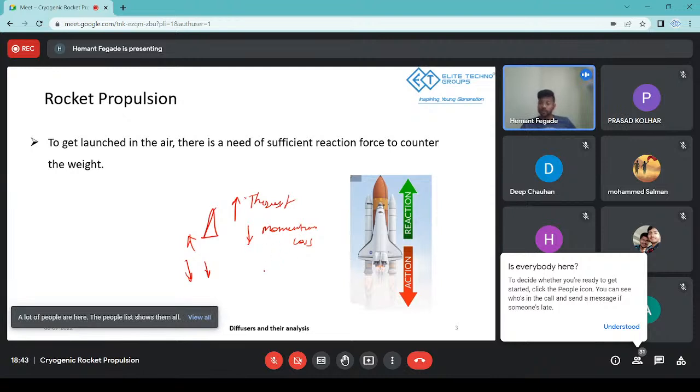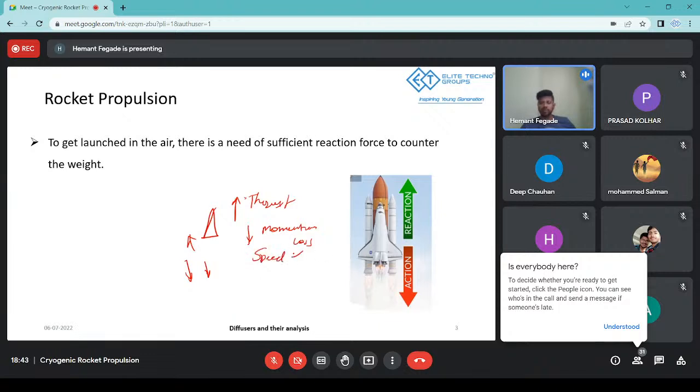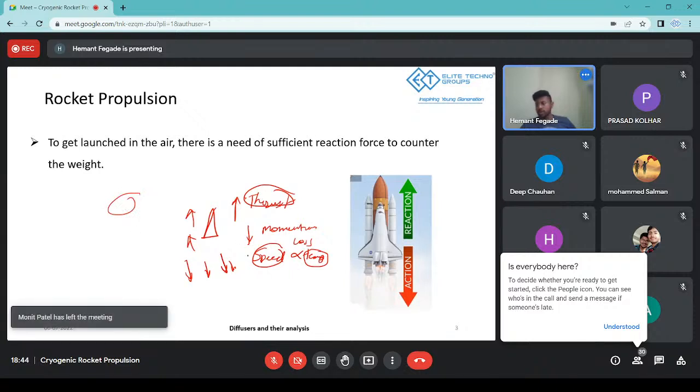And the third thing that you need to take care of is that speed is directly proportional to the temperature of your exhaust gas. The higher the temperature of your exhaust gas, the higher the speed at which it will be exhausted, and that will reflect in generating ample reaction force in the form of thrust. So, three things: to generate maximum thrust, it depends on momentum loss.